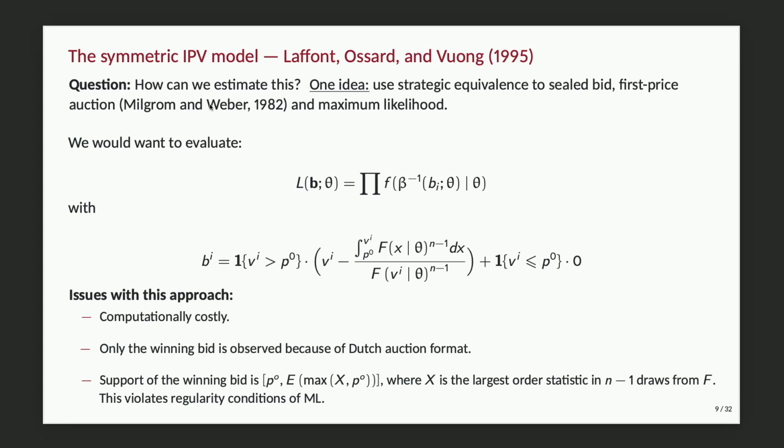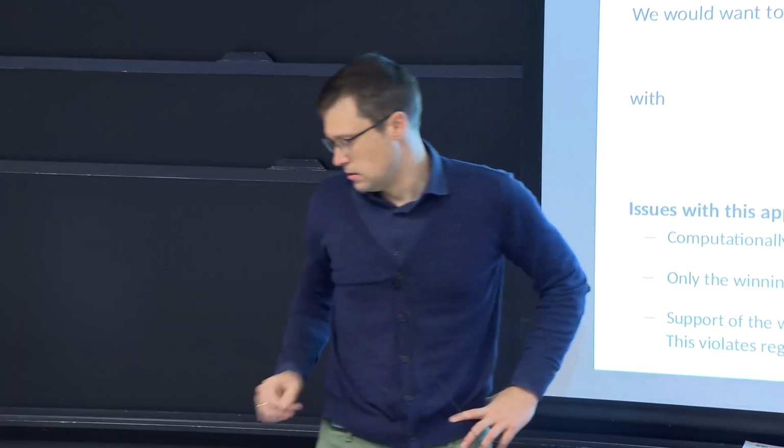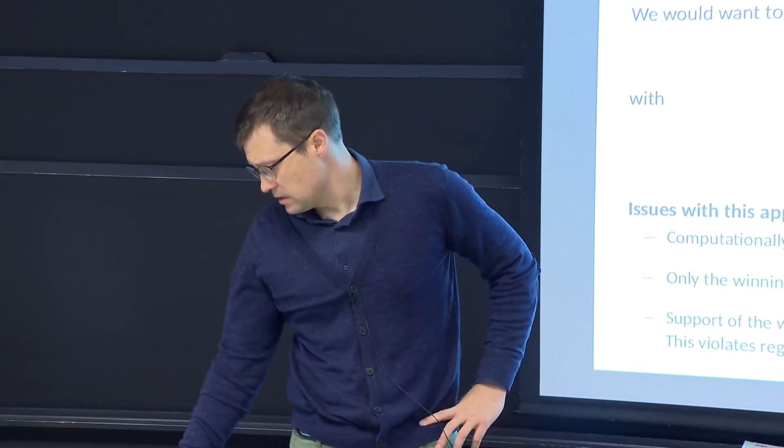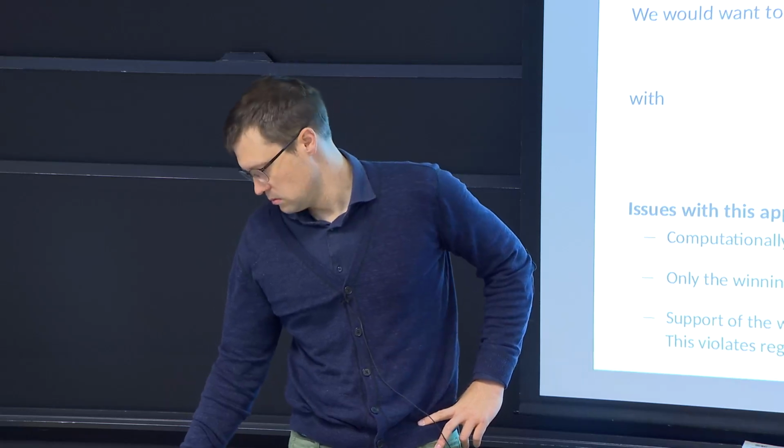So maximum likelihood in this case is not a consistent estimator. Okay, so there's early work by Harry Parsh that tries to find ways around this, but as you will see, there are much better ways to go about this.